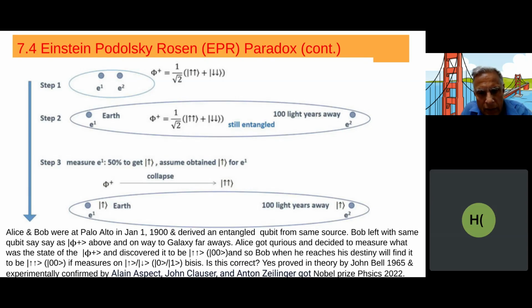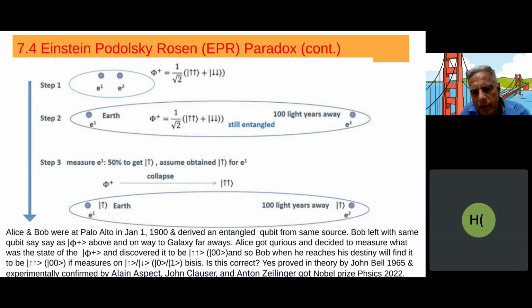He's on, let's say, a mission to some galaxy. Let's say they met in Palo Alto in 1900, January 1, and derived an entangled qubit, a Bell state qubit, as we showed on the last slide.